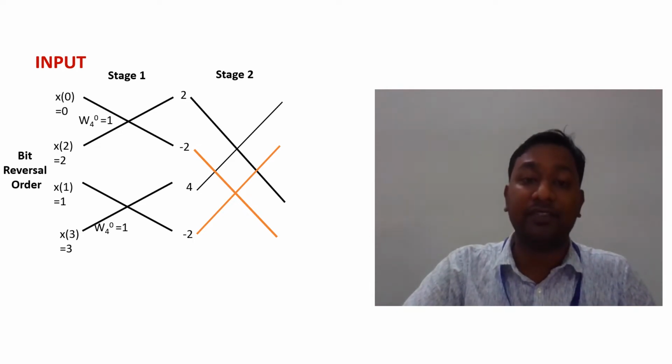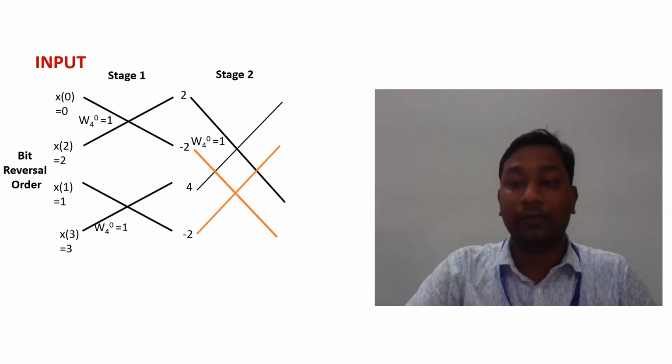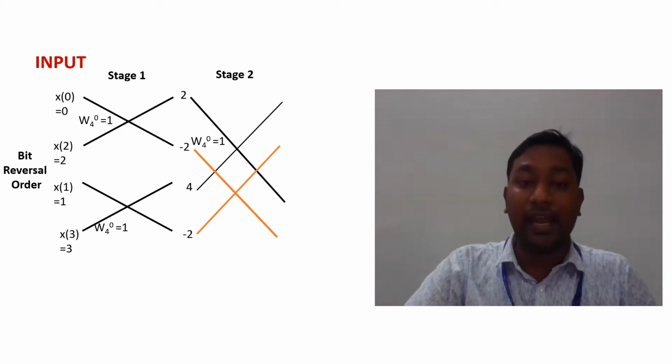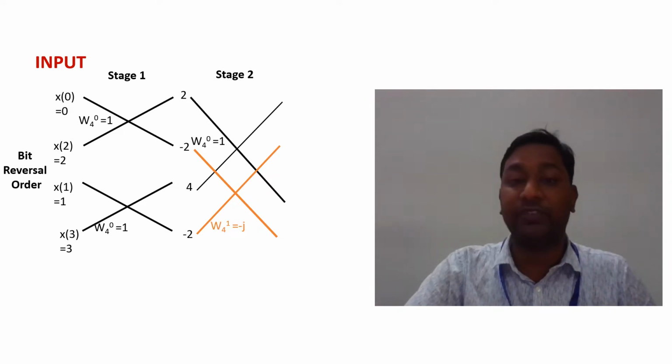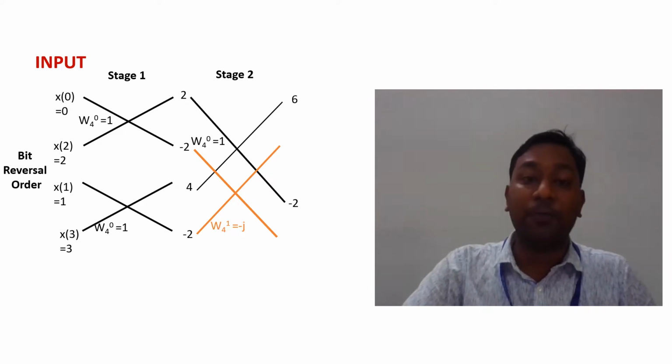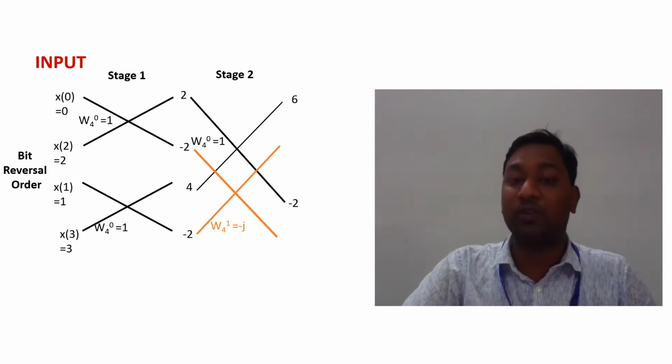First butterfly: A is 2, B is 4, and the twiddle factor omega 4 to the power 0 equal to 1. The outputs are 2 plus 4, simple addition, 6, and 2 minus 4, that is minus 2.